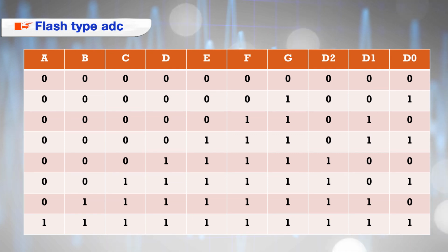Similarly, if V in is greater than twice Vref by 8, but less than thrice Vref by 8, then comparator outputs F and G will be high and the remaining outputs will remain low. So the priority encoder will give output 0 1 0.